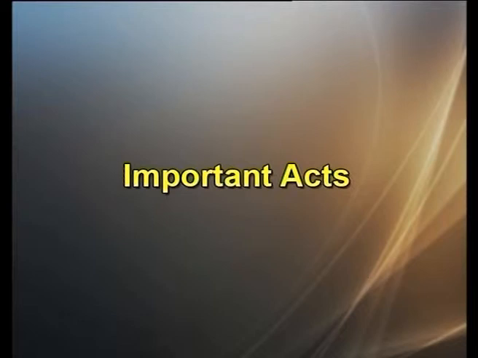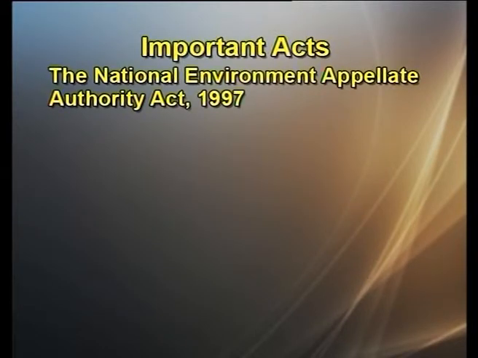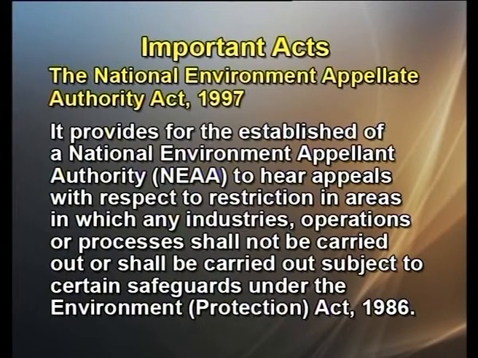Important acts: the National Environment Appellate Authority Act 1997. The National Environment Appellate Authority Act 1997 provides for the establishment of the National Environment Appellate Authority (NEAA) to hear appeals with respect to restriction in areas in which any industries, operations or processes shall not be carried out or shall be carried out subject to certain safeguards under the Environment Protection Act 1986.